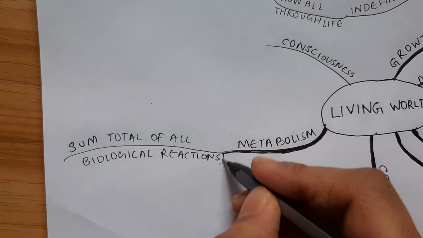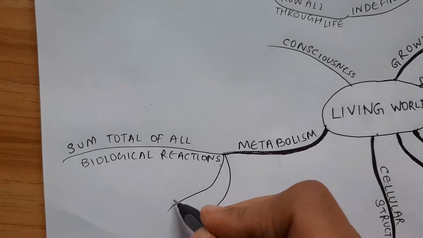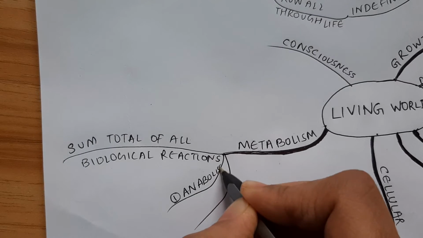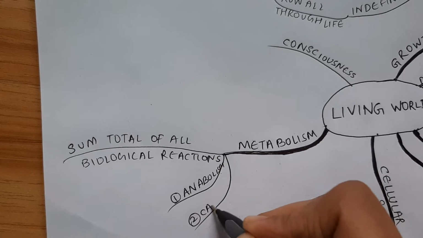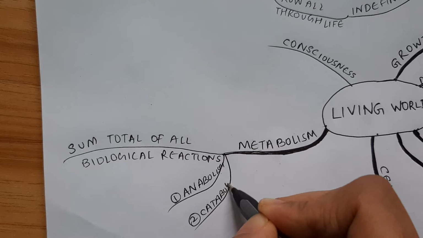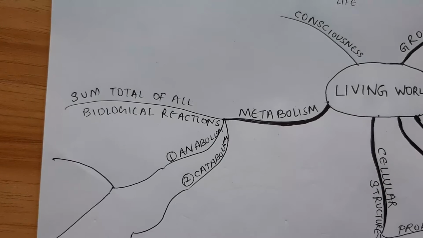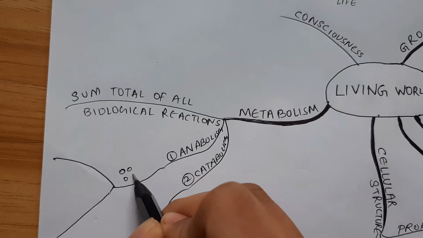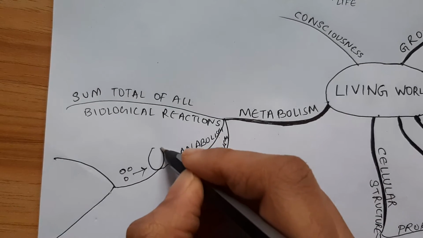Metabolism can be of two types. First one is anabolism, and second one is catabolism. Anabolism means combining small particles and making a big particle.